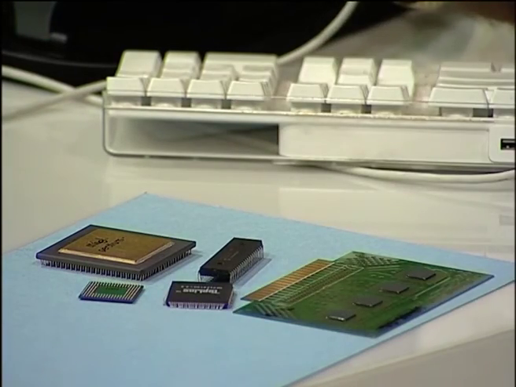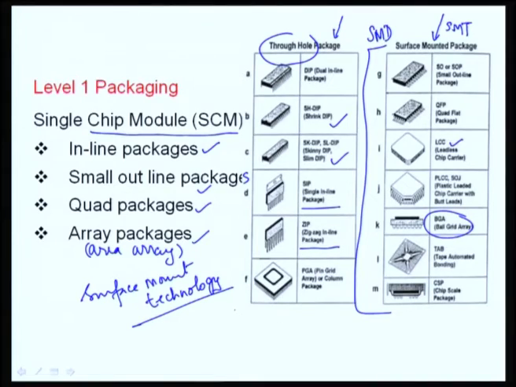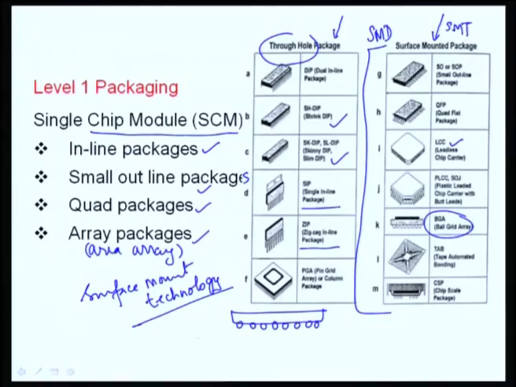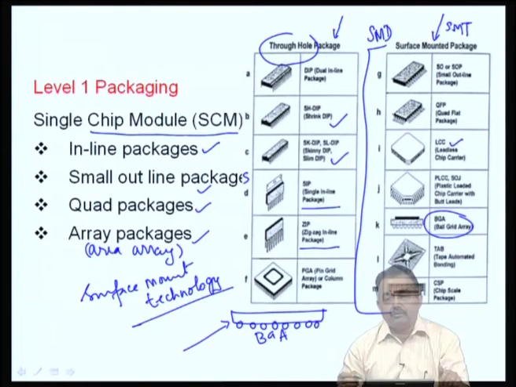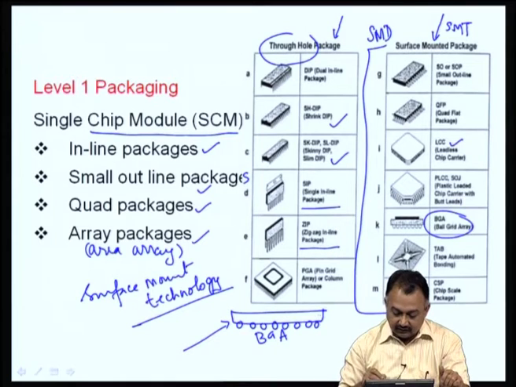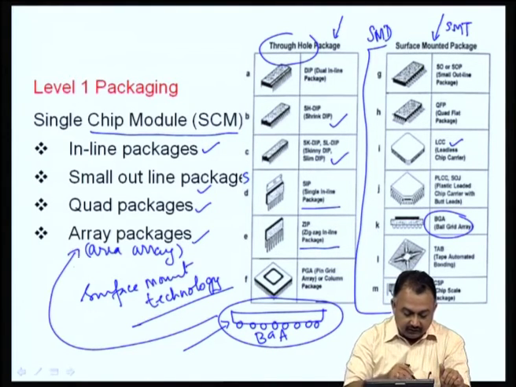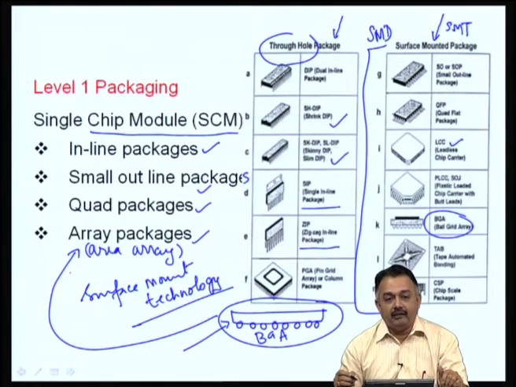So, if you look at a cross section of such a device, it will be like this. There will be a series of solder balls, as you can see here in this figure, which will establish the interconnection to the board, and you can arrange this entire grid in an array format. That is why these are known as area array packages.